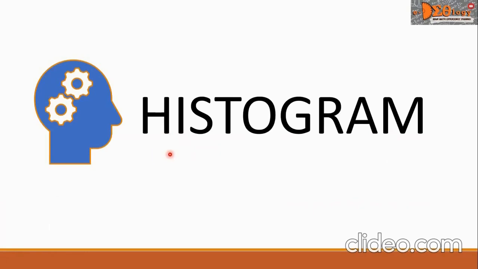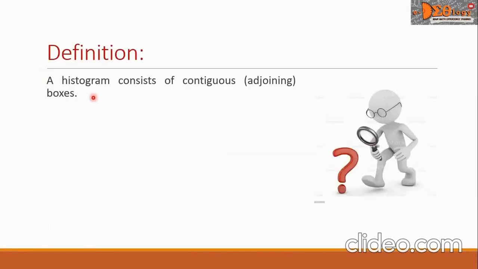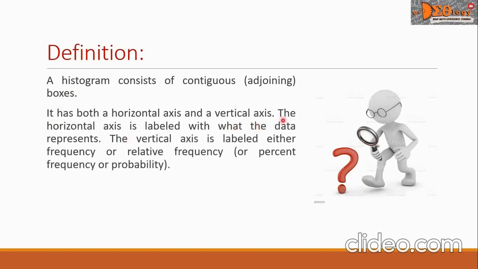Today we're going to study histogram. A histogram consists of contiguous or adjoining boxes. It has both a horizontal axis and a vertical axis. The horizontal axis is labeled with what the data represents.